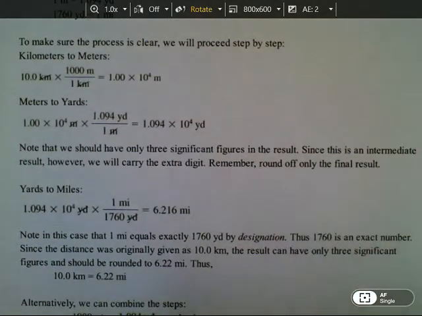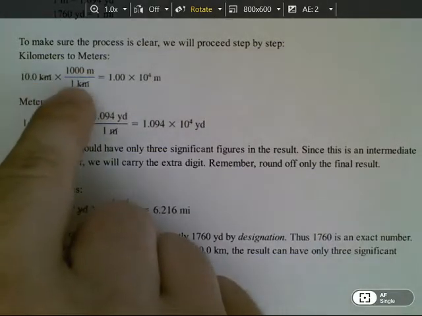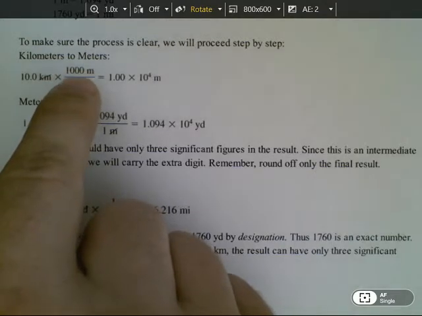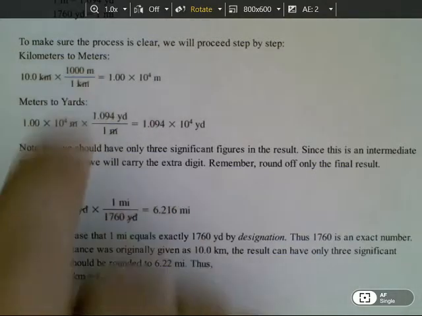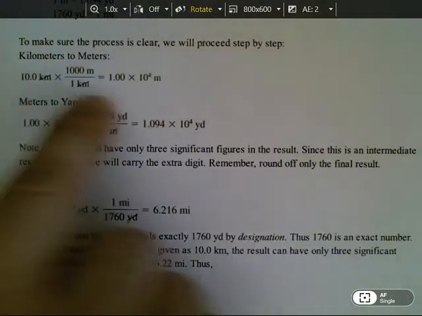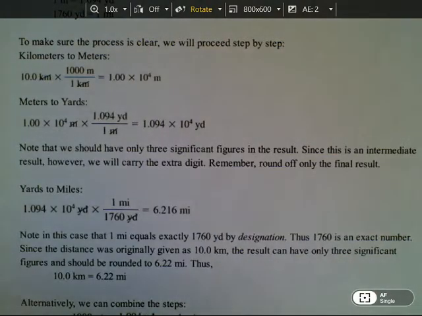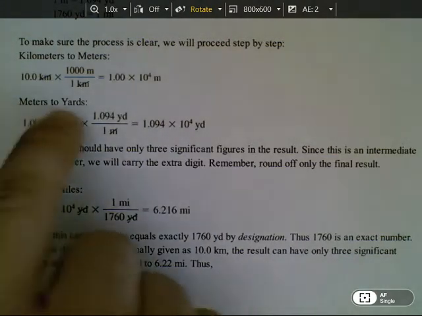So, converting kilometers to meters. Notice these kilometers are on the denominator, so that the kilometers will cancel out. The other part of the equivalent statement is going to be the numerator. Carry out your calculation. We're going to have 1.00 times 10 to the 4th meters. Now I'm going to convert those meters into yards.